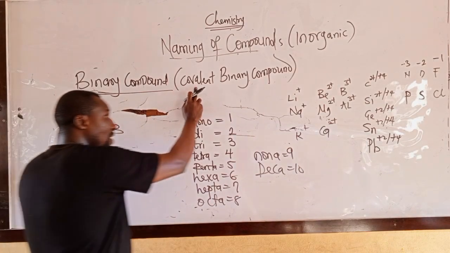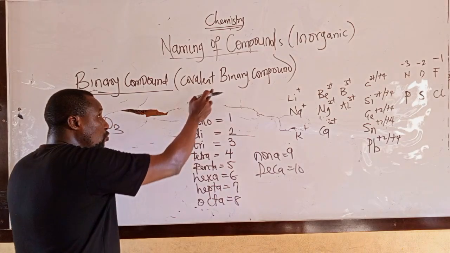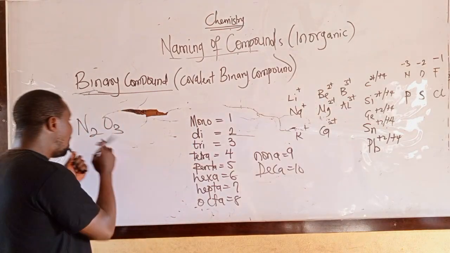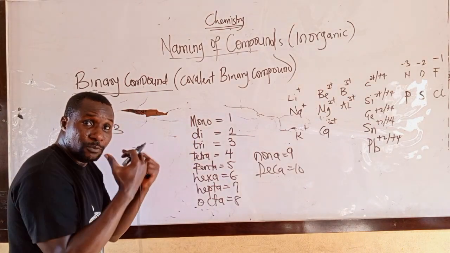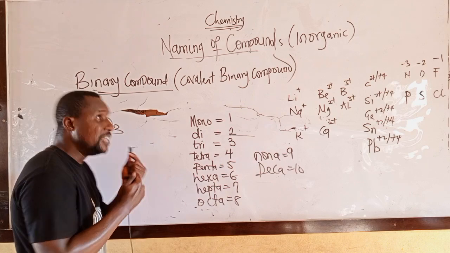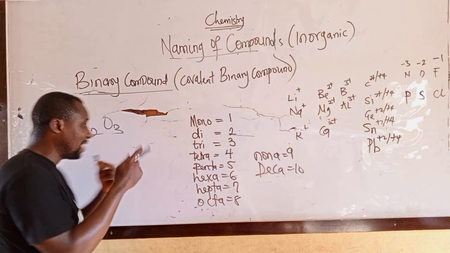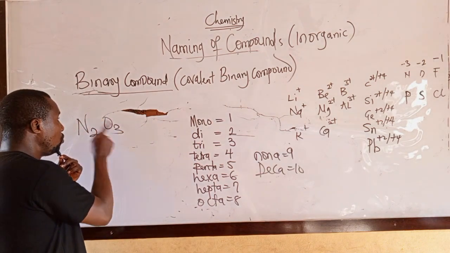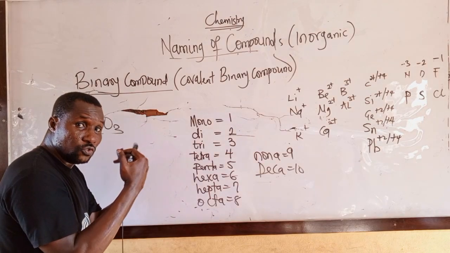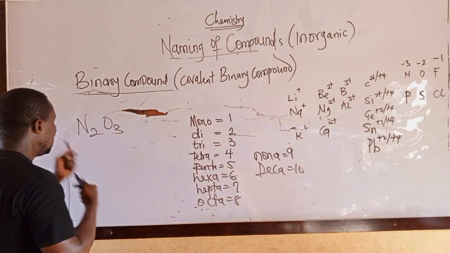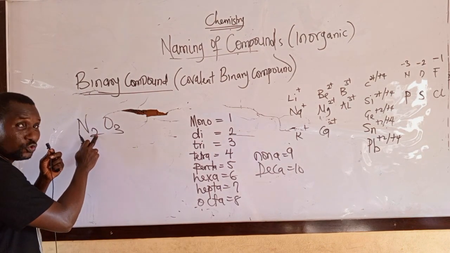I told you, covalent binary compound. Covalent compound means when you have non-metals coming together. Covalent binary, 2 non-metals coming together. The first non-metal has 2.